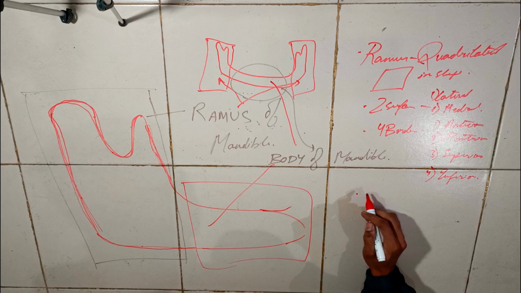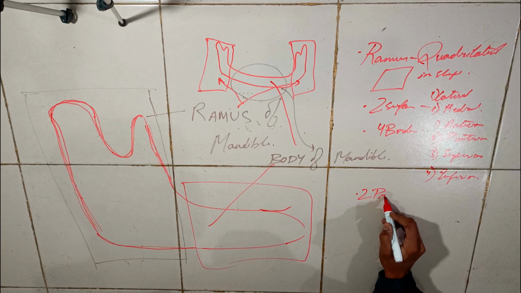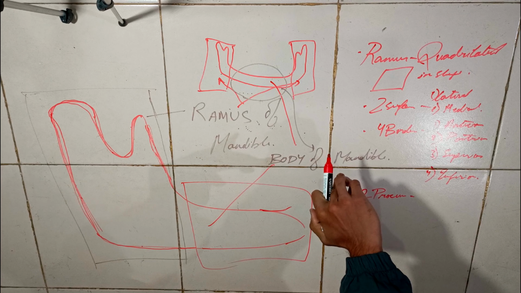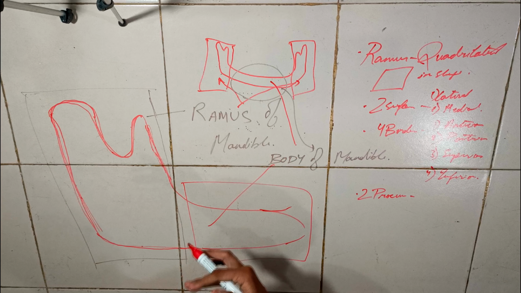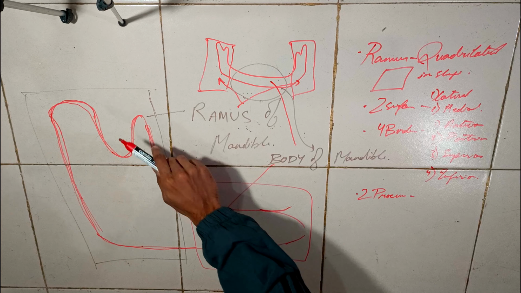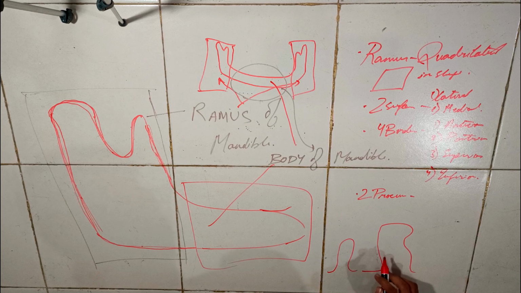And it has two processes. Now what do you mean by process? Process is something like an exaggerated elevation sort of. So this is a process. Anything which stands out like this is a process, and this is a process.